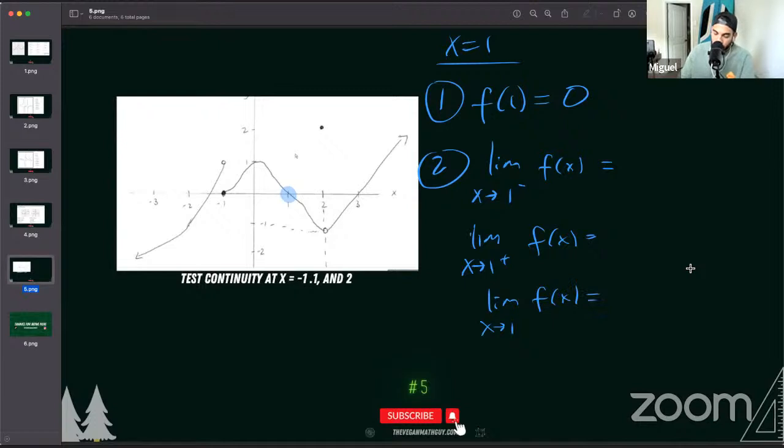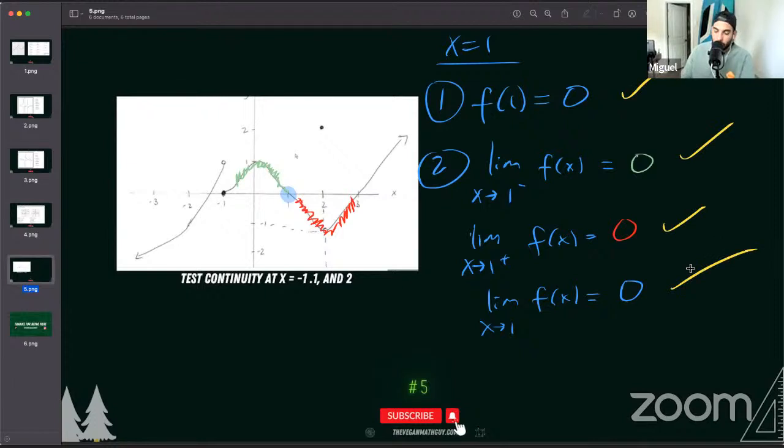Okay, so from the left side, again, if I continue writing that graph, it looks like I'm approaching 0. From the right side, it also looks like we're approaching 0. This is great. Both of these values are the same. Therefore, the limit that we have at the end is going to exist, and it's actually going to be 0. Look at that. All 3 conditions are equal to each other.